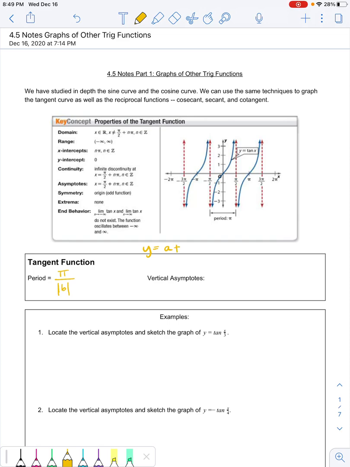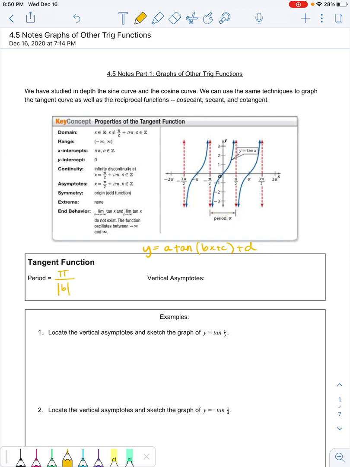So we had in the past a times the sine or the cosine. Now it's going to be a times the tangent of bx plus c plus d. Okay. Some of these transformations don't apply exactly the same, but yet we could still understand them to some capacity. Okay, so if the period of our parent function is pi, then it makes sense that this b value is going to affect the period, hence that division.